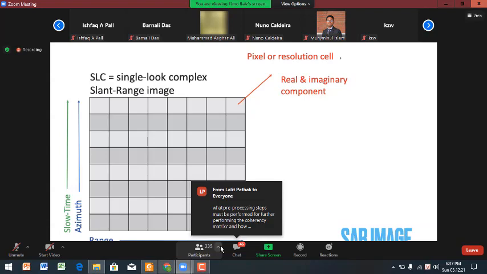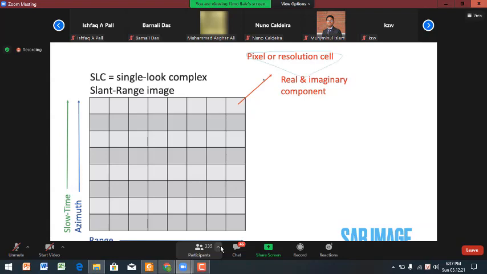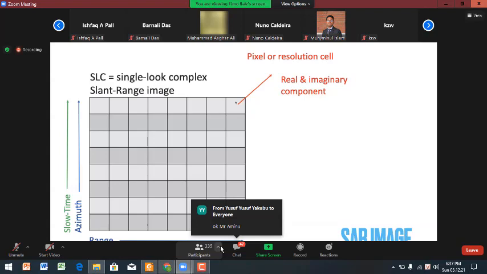And then I have here, in other words, pixel or resolution cell. In SAR, we use these two terms, pixel and resolution cell. Sometimes we use them synonymously.